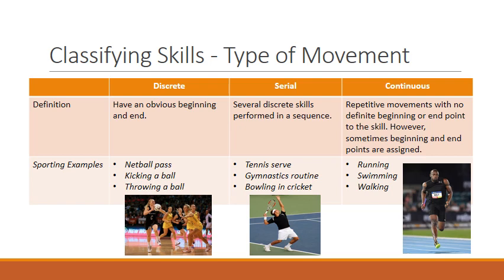We've assigned a beginning and end point to a particular event, but the skill itself of running is something that's occurring continuously throughout that distance. So running doesn't have a clear start of when you start to run and when you finish to run in terms of the skill of turning your legs over to run. So discrete, serial, continuous.